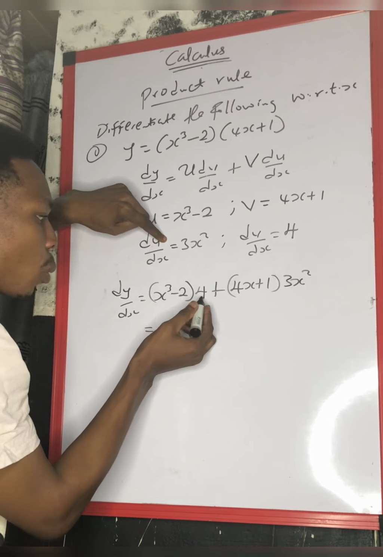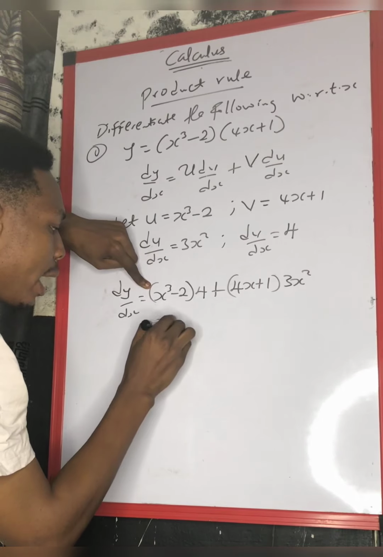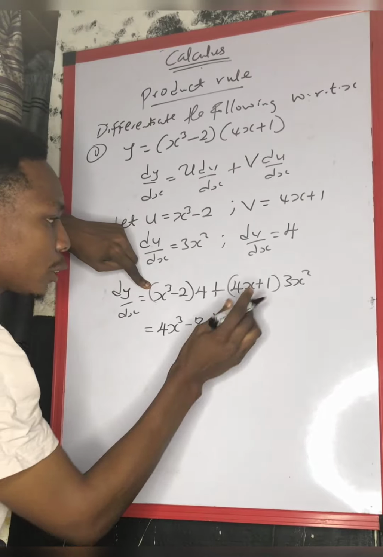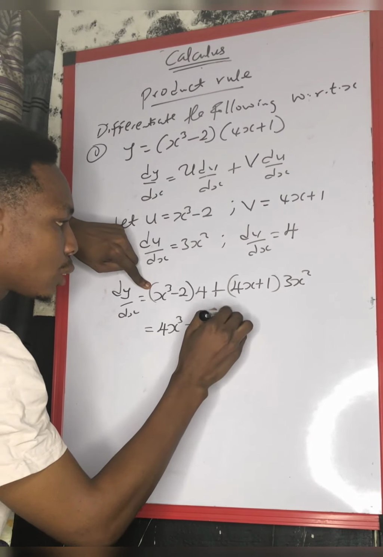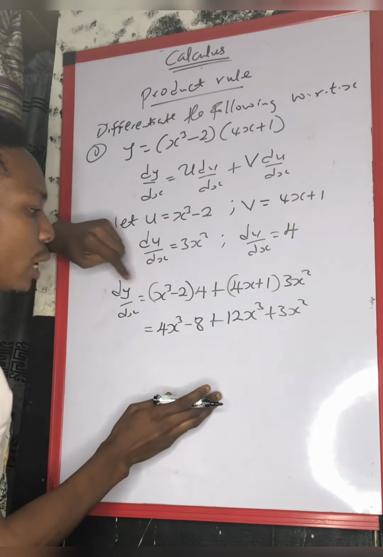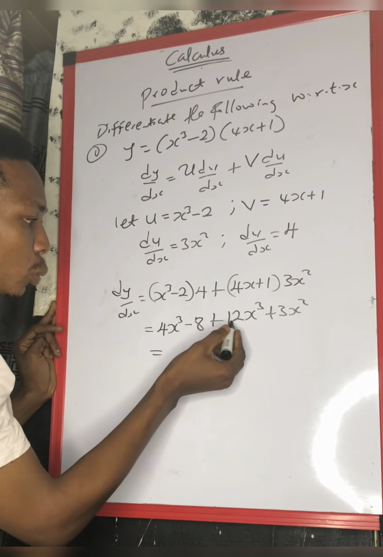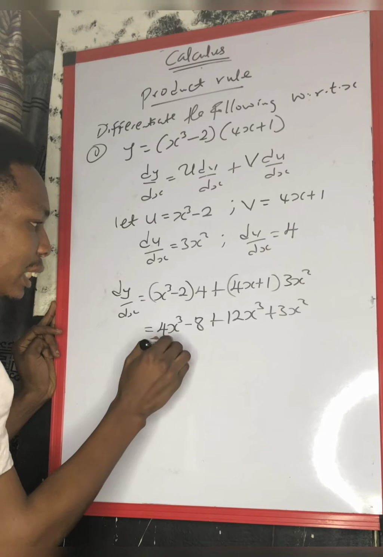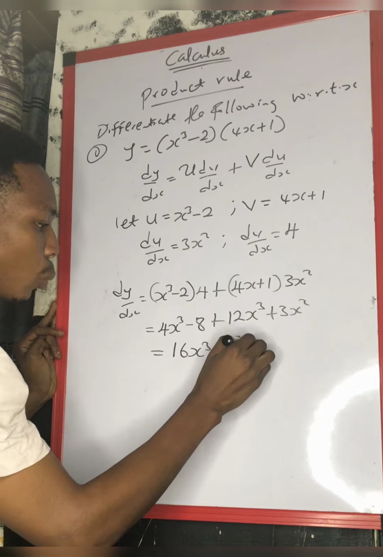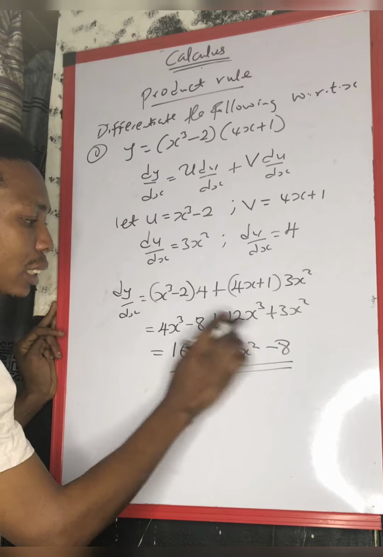From there, we use this 4 to open all the brackets. 4 times s cubed is 4s cubed. 4 times minus 2 is minus 8. Then plus 3s squared times 4 is 12s cubed, then plus 3s squared. Here we can collect terms based on power. 4s cubed plus 12s cubed is 16s cubed, then plus 3s squared, then minus 8. So that is our final answer.